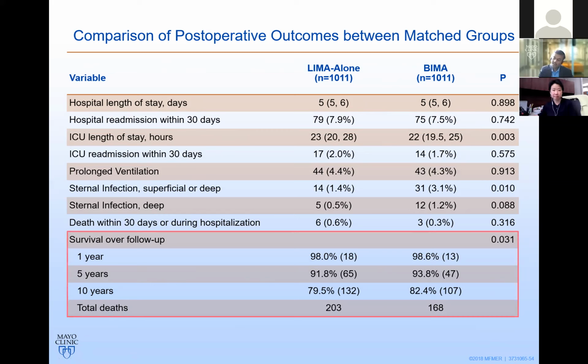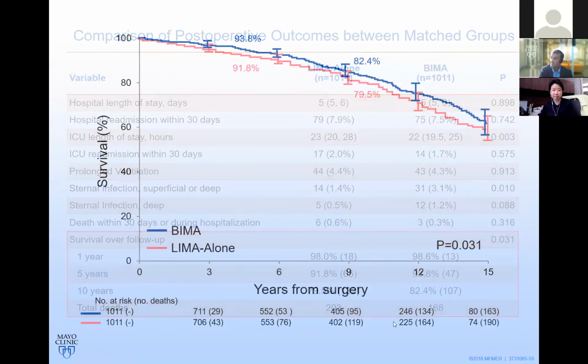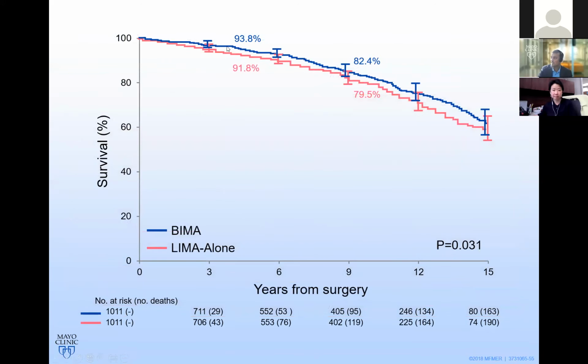But the absolute difference was identified in terms of long-term survival. Fewer patients died in the BIMA group compared to the single IMA group. And this difference can be seen in this graph. Around 4 years, this graph starts to separate, and it becomes wider around 10 years.